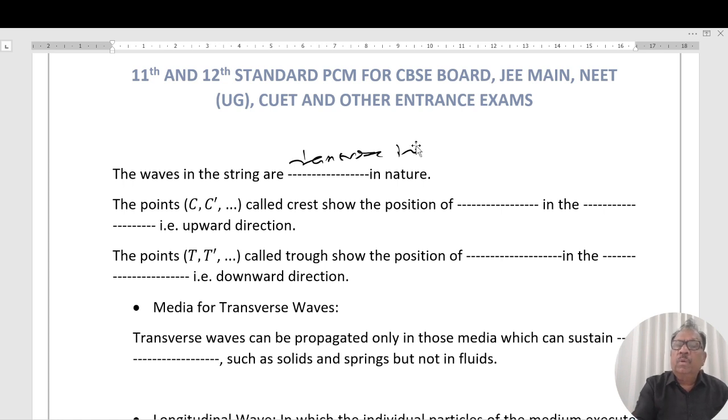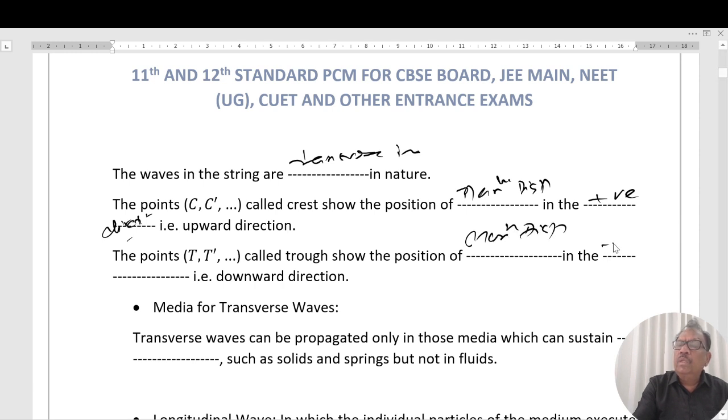The crests are the points that show the position of maximum displacement in the positive direction. The troughs are the points that show the position of maximum displacement in the negative direction, that is, downward direction, right?